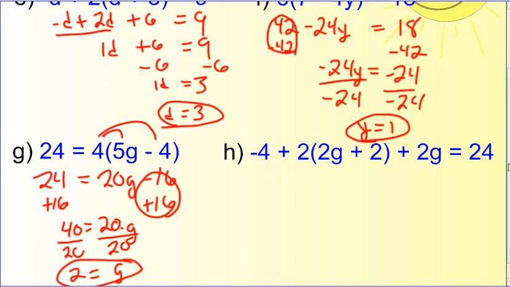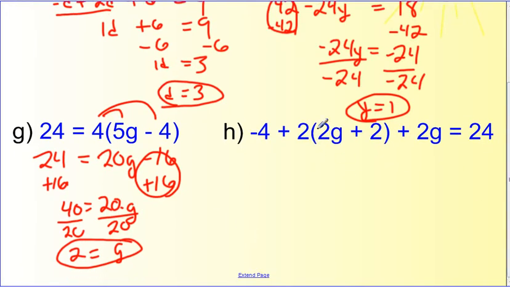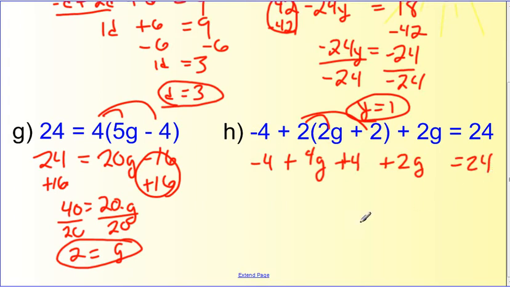Letter H. This one looks really ugly and complicated, but after you do like the first step or two, you see it's really not that bad. So we're going to start by distributing. That gives us 4g plus 4. Copy down the rest of the problem. Okay, combine like terms. Well, we got a 4g and a 2g that can combine together. That gives us 6g. We've got a plus 4 and a minus 4 that can combine together.